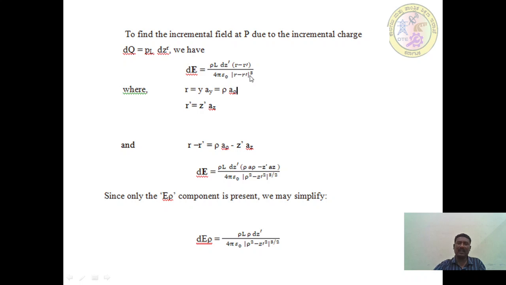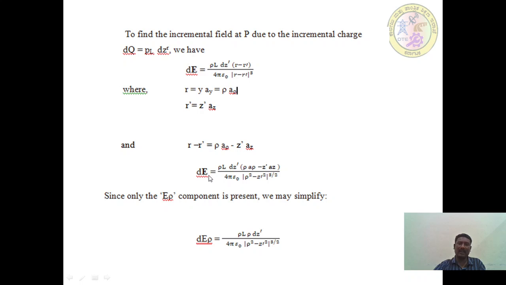Already one r is there, into r square gives the magnitude of r minus r dash cubed, where r is equal to y ay, that is equal to rho a rho, r dash is equal to z dash az, and r minus r dash is equal to rho a rho minus z dash az.